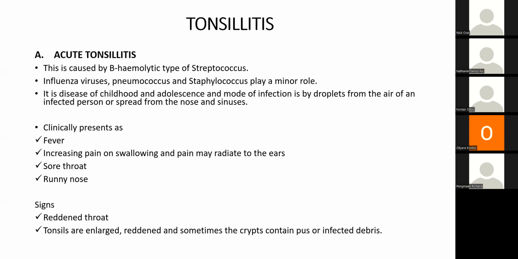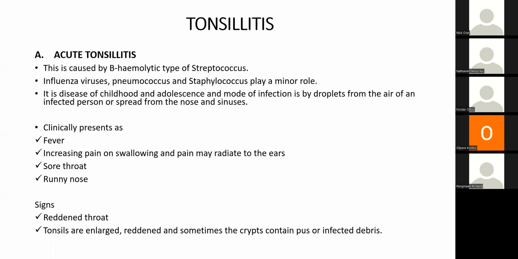And the acute stage, usually lasting less than a week, is caused by the beta hemolytic type of streptococcus. Some other viral infections can also cause acute tonsillitis. We are talking of common influenza viruses. Other bacteria aside from the beta hemolytic type that can cause tonsillitis are pneumococcus and staphylococcus as well.